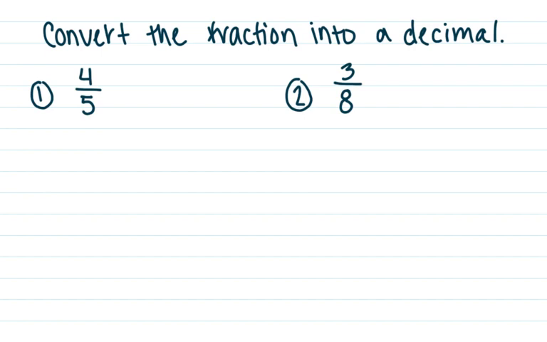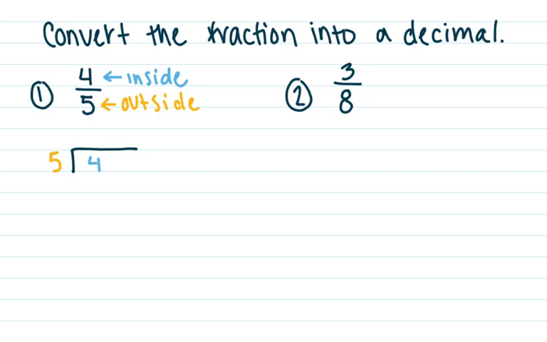When using TIBO, my top number here is going to go inside of my division house. My bottom number, my denominator, is going to go outside of my division house. So when I set up my division problem, the 4 is going to go inside and the 5 is going to go outside.